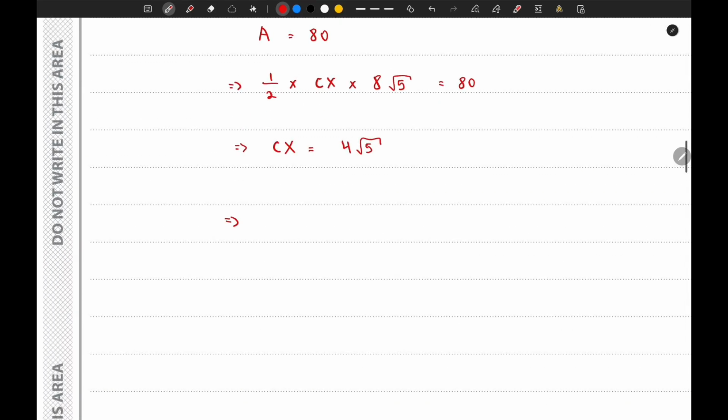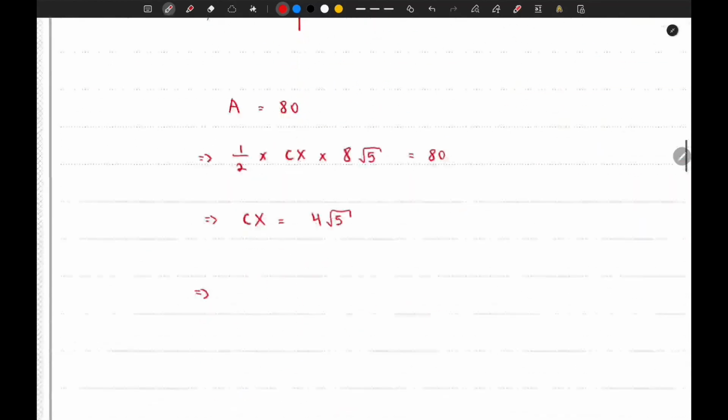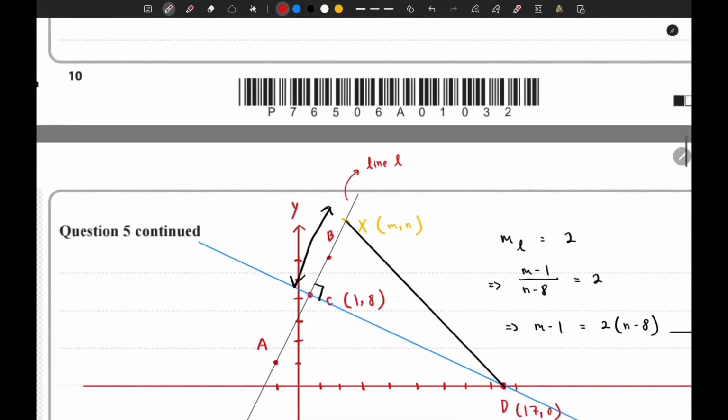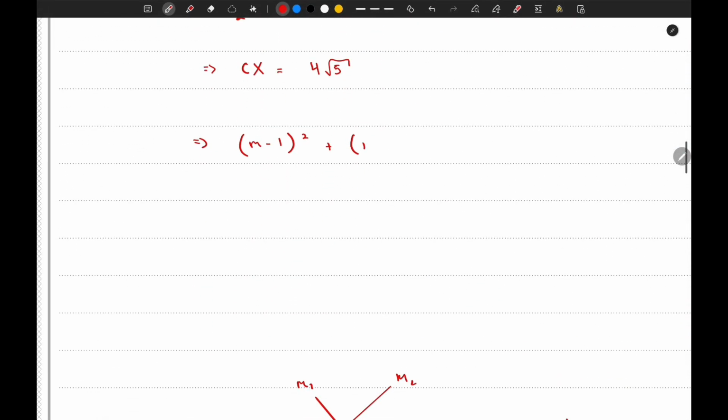Another thing we can do is that the length of CX can also be written as the square root of m minus 1 whole squared plus n minus 8 whole squared, and this is equal to 4 root 5.